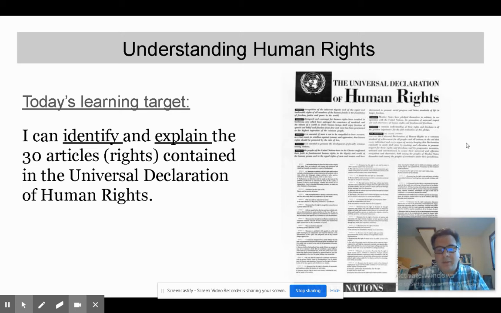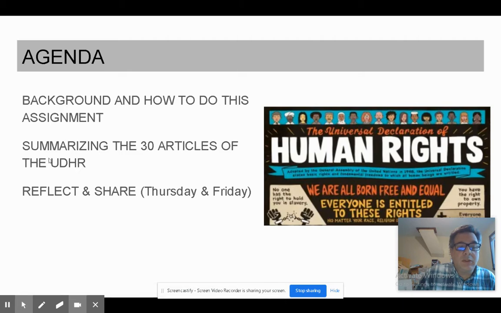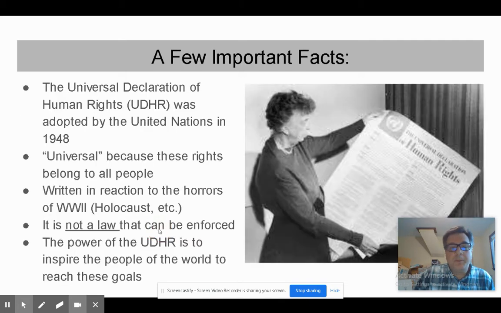And that is a copy of the original Universal Declaration. I'm going to do a little background here. Then you're going to work on summarizing the 30 articles of the UDHR, or Universal Declaration of Human Rights. And on Thursday and Friday, we will reflect and share in class about these things.